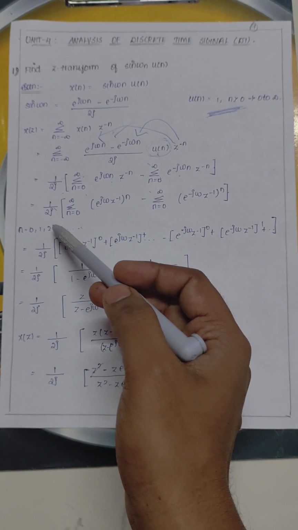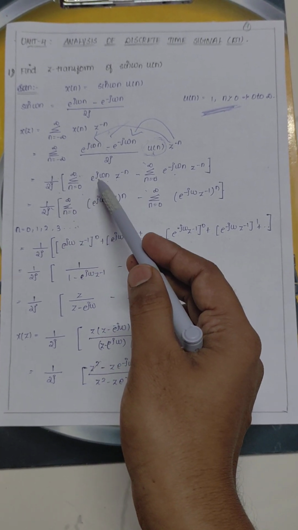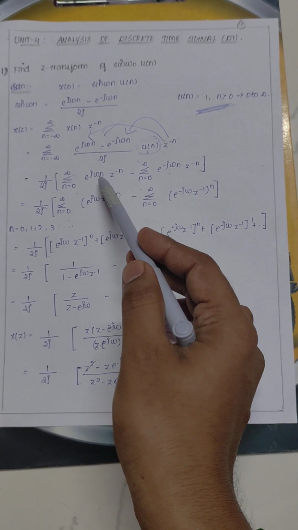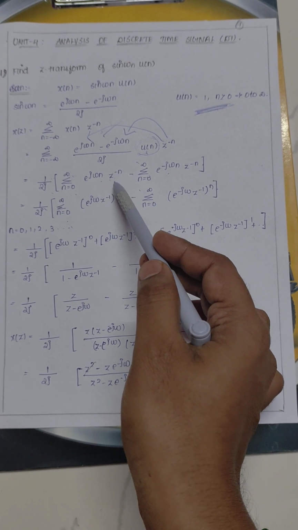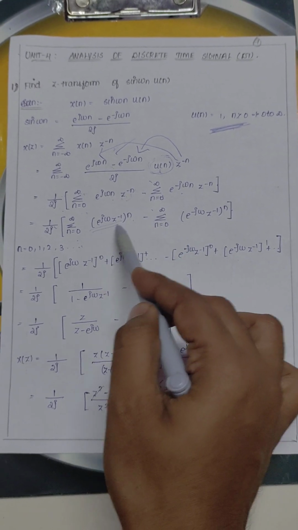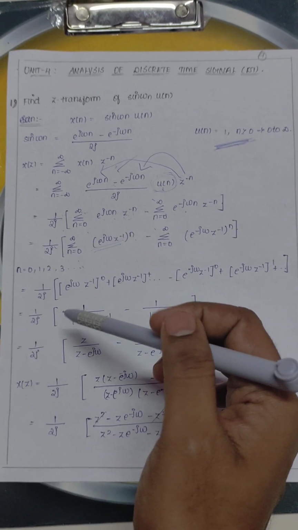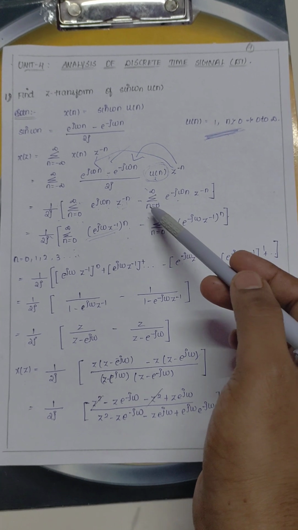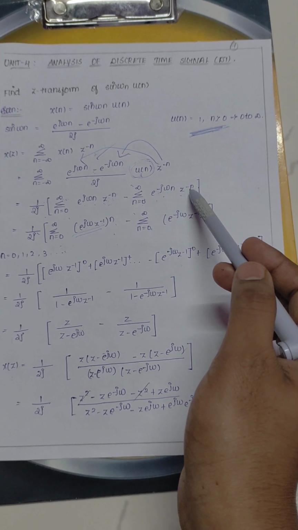Next step, 1 by 2j summation n equal to 0 to infinity e power j omega n z power minus n. Since n is there in both, can I write e power j omega z inverse, then put the whole power n here? Yes. Now e power j omega z inverse whole power n, minus summation n equal to 0 to infinity e power minus j omega n z power minus n.